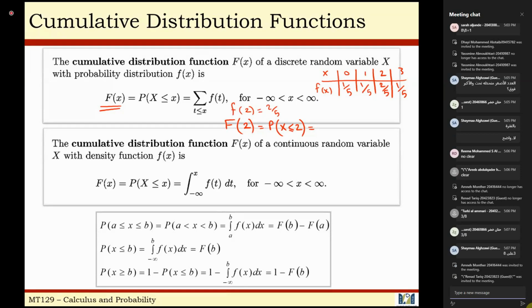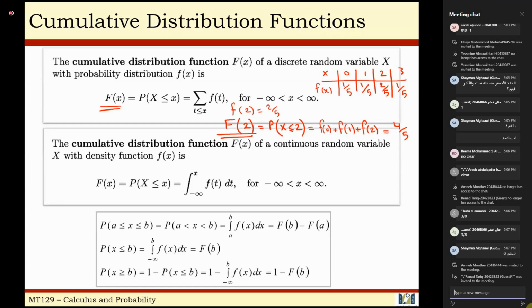But F capital at 2 equals F0 plus F1 plus F2, which is 4 over 5. So F capital 2 means the probability from 2 and less than 2, but F small for 2 is the probability at 2 only.